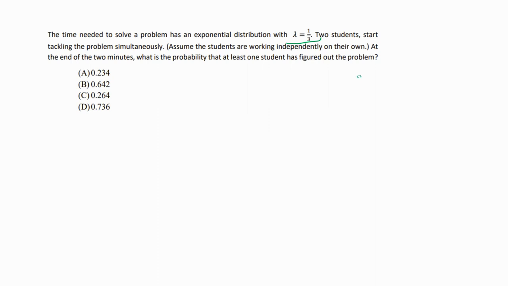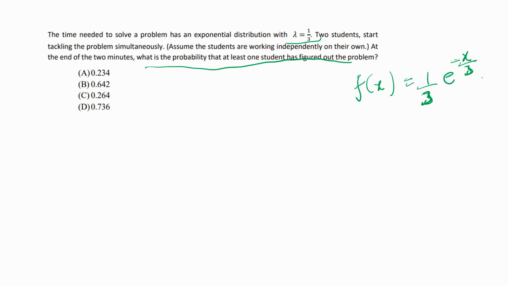So f(x) we have is 1 by 3 e to the power minus x by 3. Now we need to find, at the end of 2 minutes, the probability that at least one student has figured it out. We will find it first for the first person and the second person.